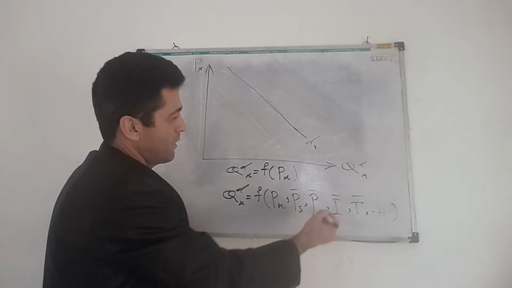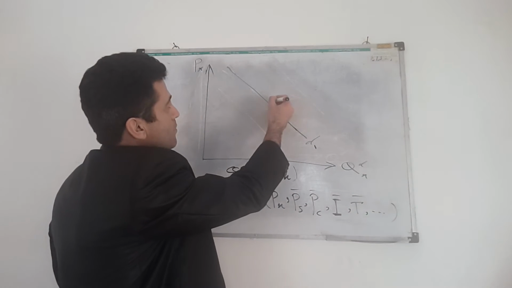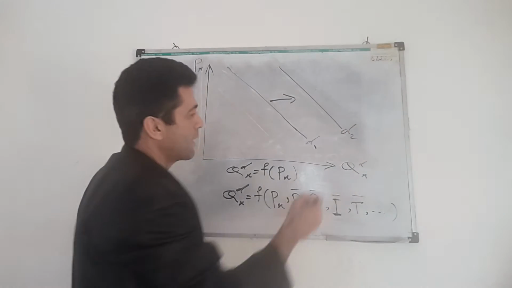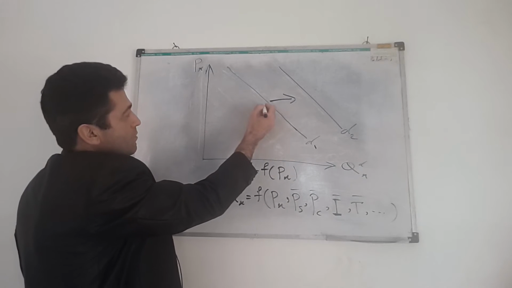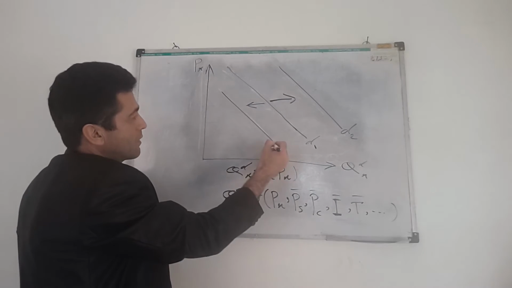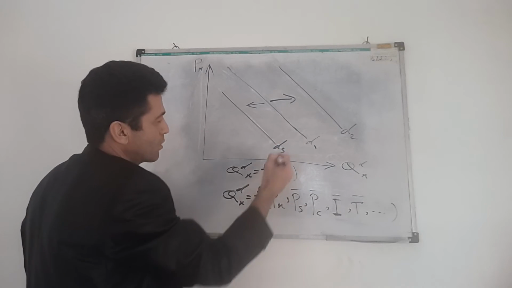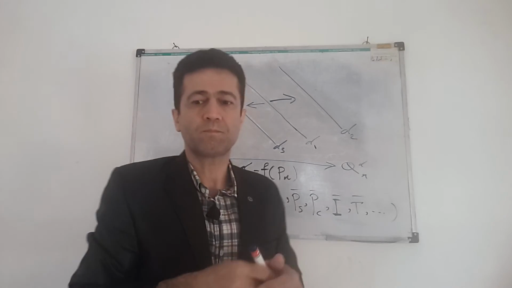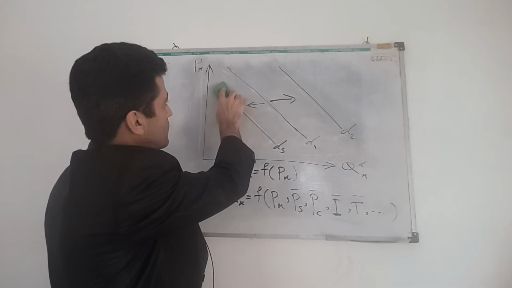So an increase of personal income will shift the demand curve to the right side, and a decrease in personal income will shift the demand curve to the left side for normal good. And for inferior good, it is opposite.